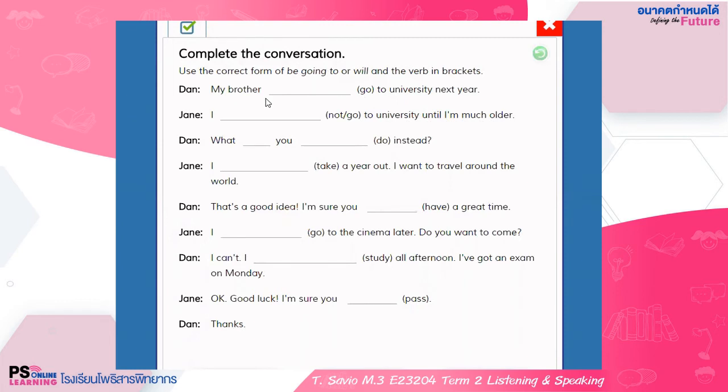So, my brother is going to go to university next year. Jane, the be form will be I'm not going to go to university until I'm much older.